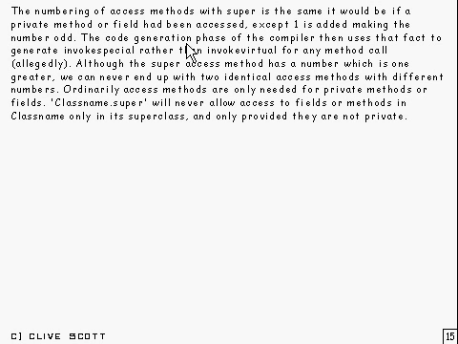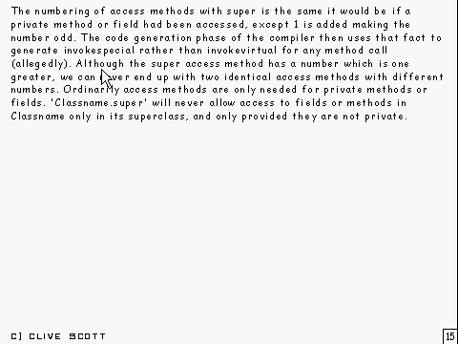And the code generation phase of the compiler then uses the fact that the number's odd to generate invokespecial rather than invokevirtual for any method call, allegedly. Now that's what it says in the Java reference compiler. That's what it says it does, but I'm not sure it's actually necessary to do that, and other compilers may differ. But that's what it does anyway.